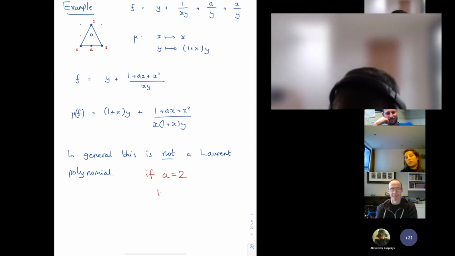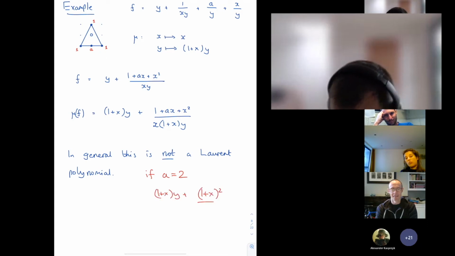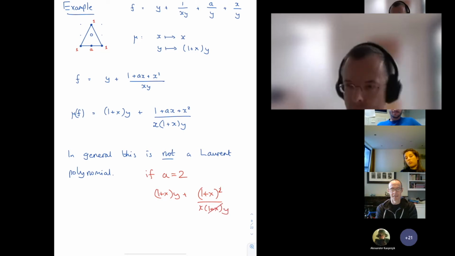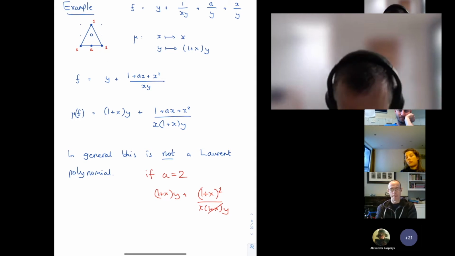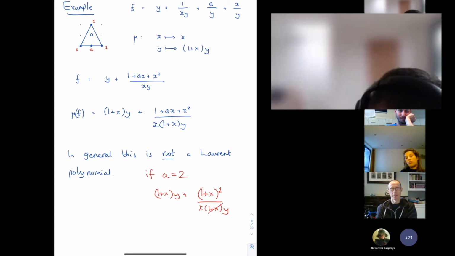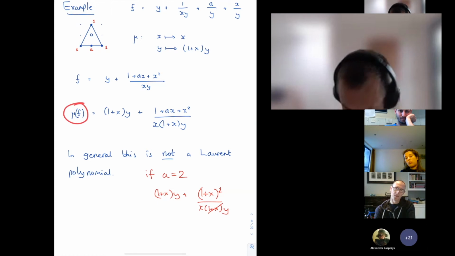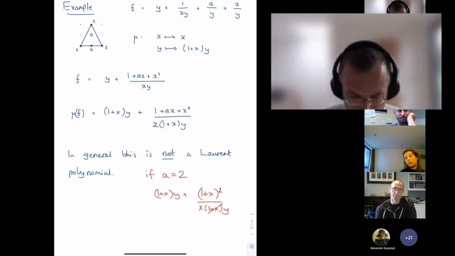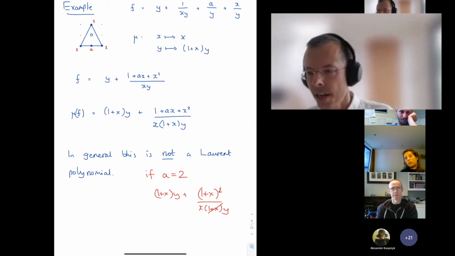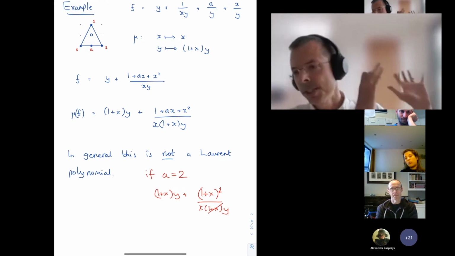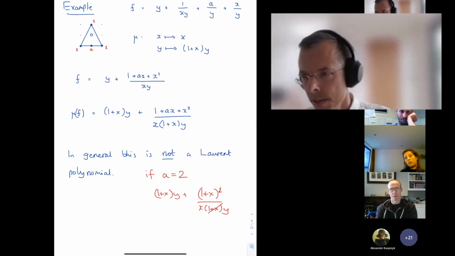So I get 1 plus x times y plus 1 plus x squared over x times 1 plus x times y, and this cancels. So, in general, the mutation of f is not a Laurent polynomial, but if I have very special choices, if I'm very lucky with my coefficients, then a mutation will take a Laurent polynomial to a Laurent polynomial.